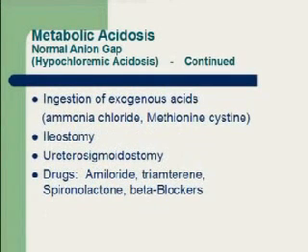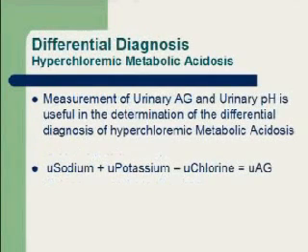In hyperchloremic acidosis, you'll see the ingestion of exogenous acid, ammonium chloride, methionine, cysteine, ileostomy. Drainage bag can cause this form of acidosis. Ureterosigmoidoscopy, and then also drugs such as amiloride, triamterene, spironolactone, and beta blockers.